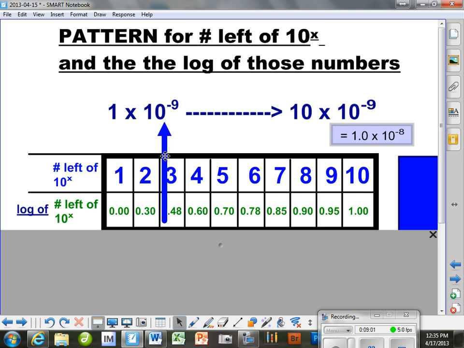Yes, it is 9. Good. Excellent. So as this guy gets bigger, we're going to subtract the 0.3, because if this number becomes a 2, we're going to have to subtract 0.3 from the 9 that we get from logging this real number.